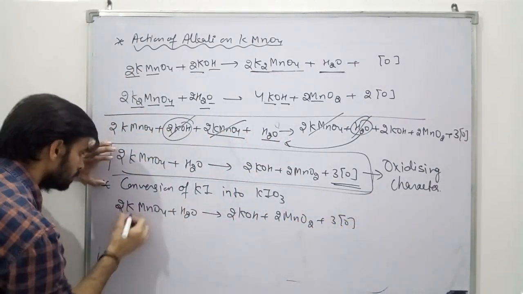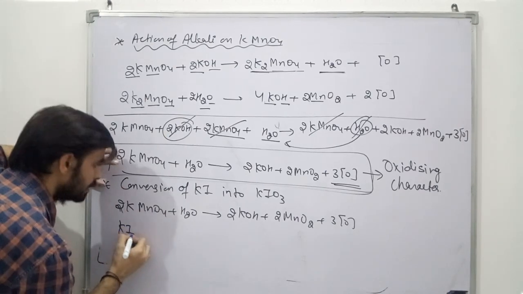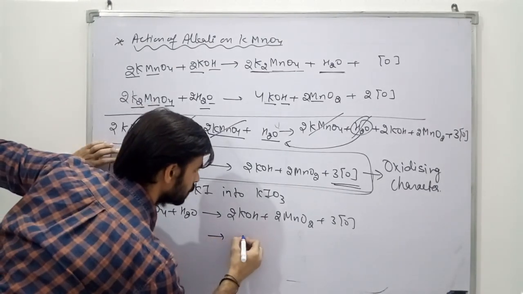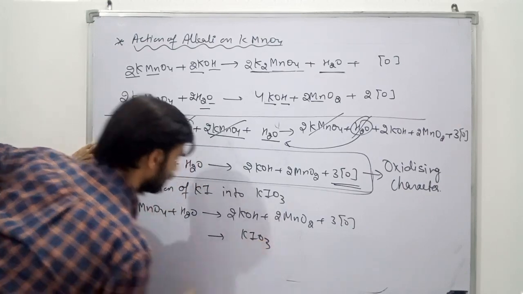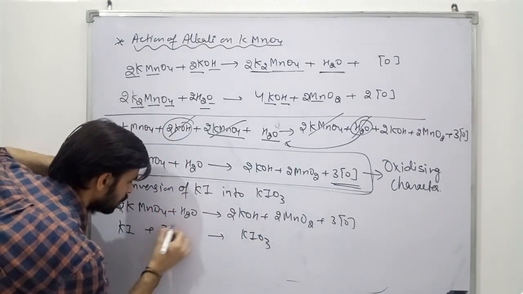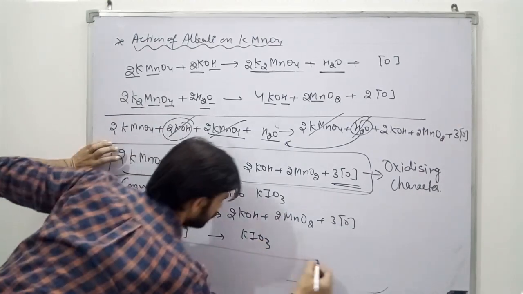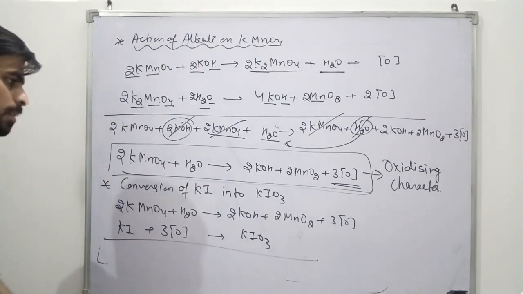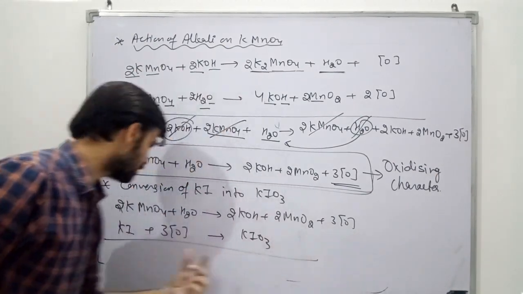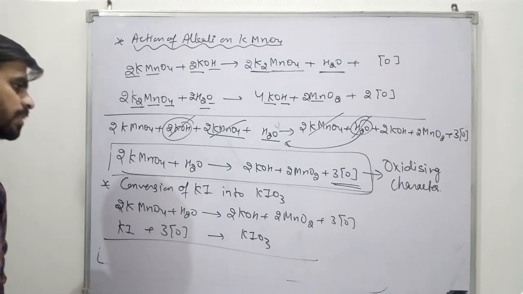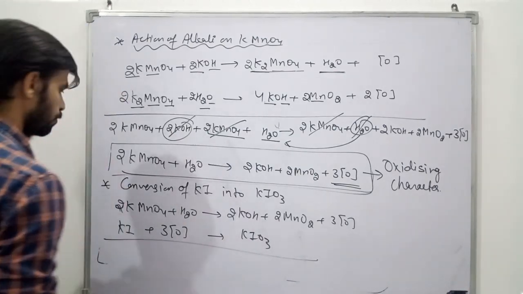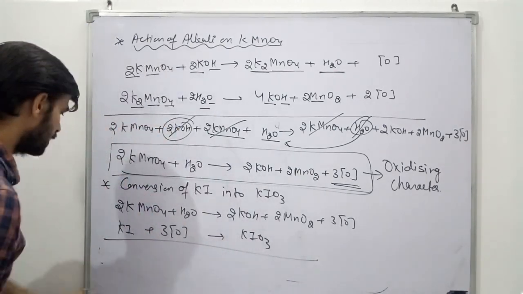Now potassium iodide converts into potassium iodate. We have 3 oxygen, so we have to add 3 nascent oxygen. As here we have 3 oxygen, 3 nascent oxygen, and we also have 3 nascent oxygen, so no need to multiply anything.